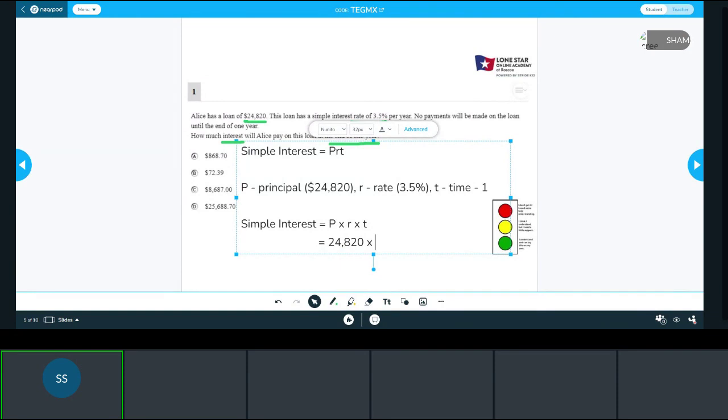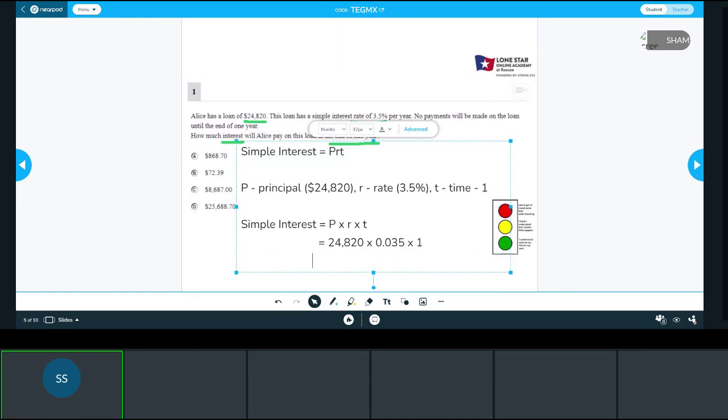Rate is 3.5% as a percent. You want to change that to a decimal, and as a decimal, it's going to be 0.035, right? 3.5% as a decimal is 0.035. And then times time, and time is 1 year.